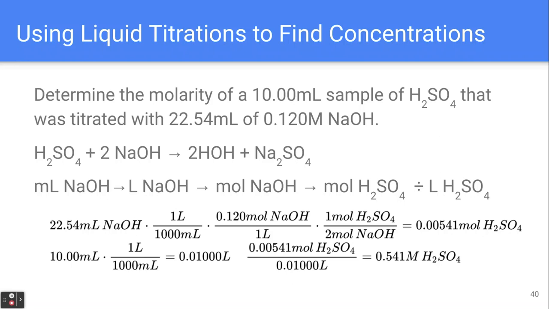I need to stop there. The tendency is to somehow keep going here with the stoichiometric problem. Stop there with moles. And then you're going to take your volume of that sulfuric acid, get it into liters. So 10 divided by 1,000 is 0.01. And then you take your moles divided by that 0.01 to get our 0.541 molar sulfuric acid.